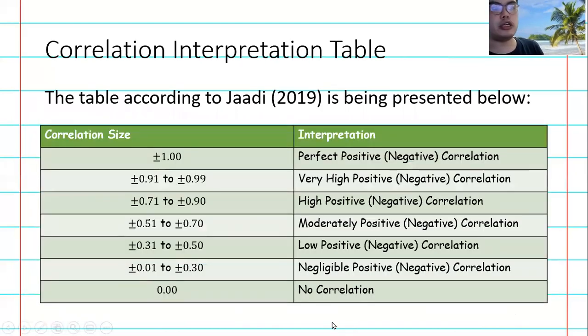According to this table, 1.0 indicates that the correlation is perfect, while 0.91 to 0.99 means that the correlation is very high. 0.71 to 0.90 means that the correlation is high, while 0.51 to 0.70 means that the correlation is moderate. 0.31 to 0.50 means that the correlation is low, while 0.01 to 0.30 means that the correlation is negligible, while 0.0 means that there is no correlation.